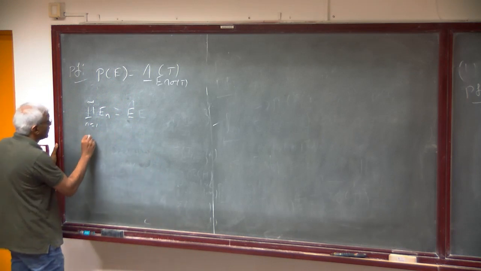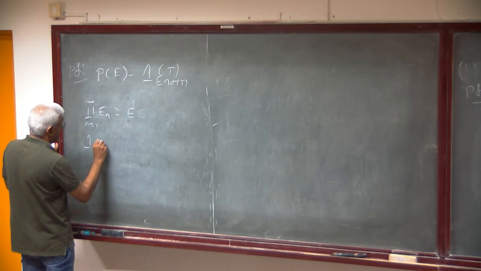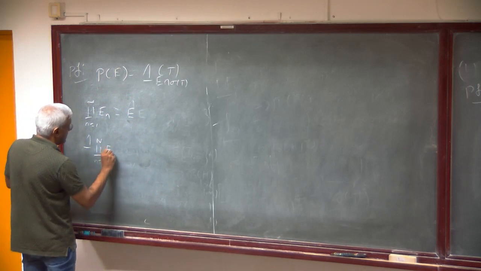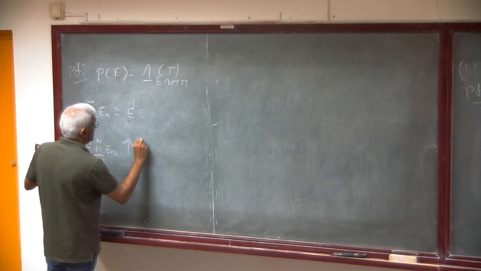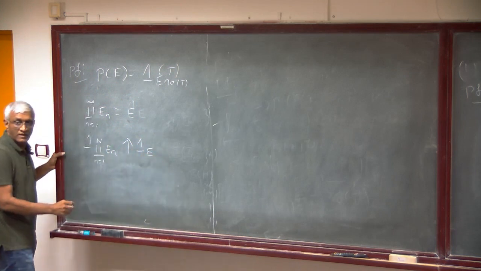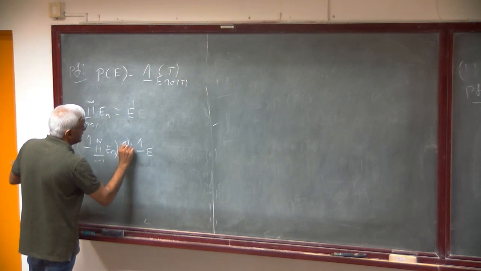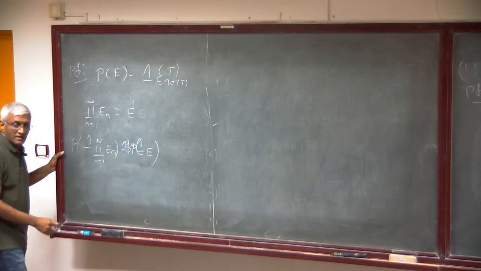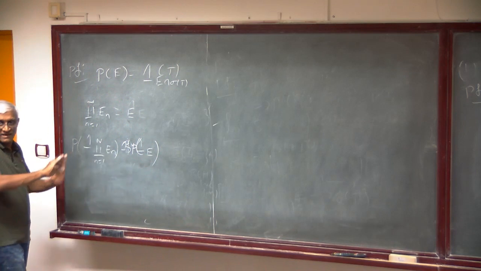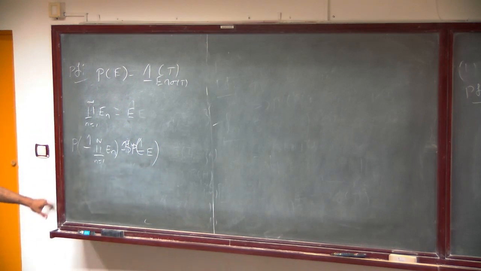Then this one increases to 1. Then this P of the partial unions converges strongly to P of E, and you can take the sum outside, so it's clearly countably additive. And the convergence is a strong convergence.